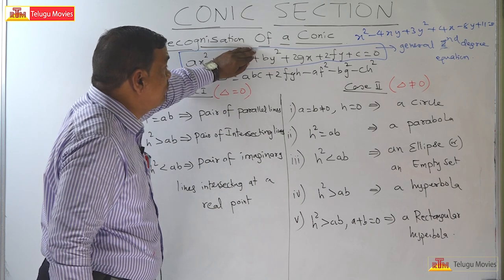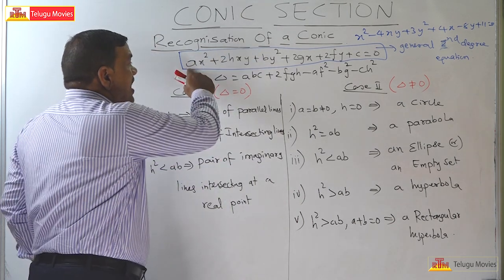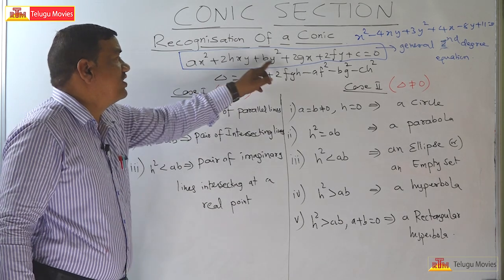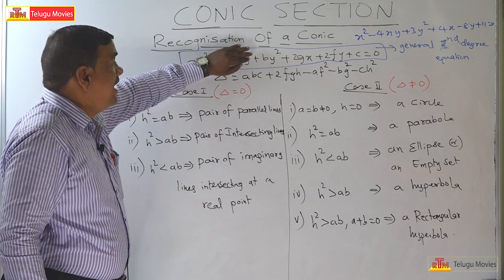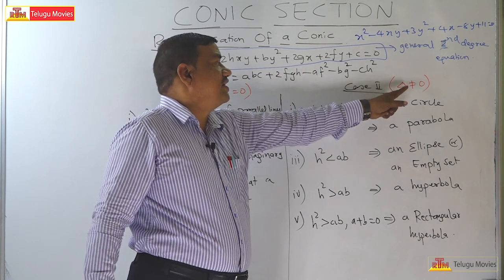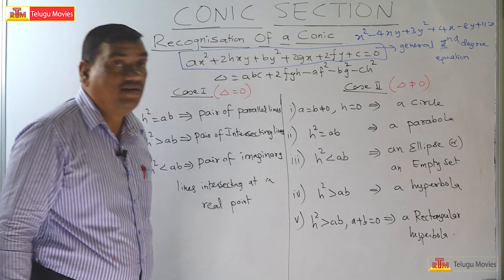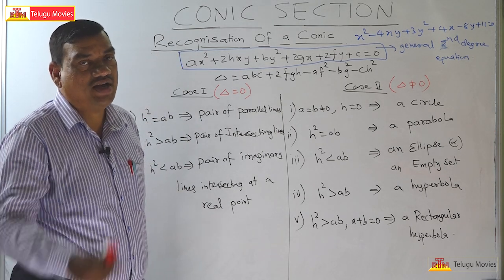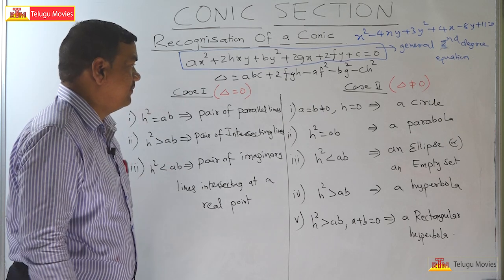That means the xy term should not be there. The a value and b value should be equal, that means the x square and y square coefficients should be equal, the xy term should not be there, and delta should not be equal to 0. Then the conic is a circle.